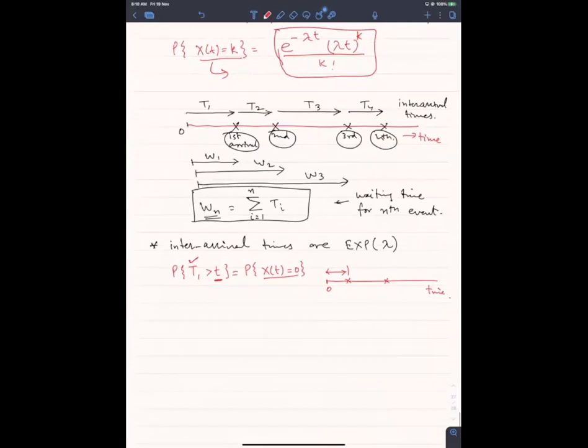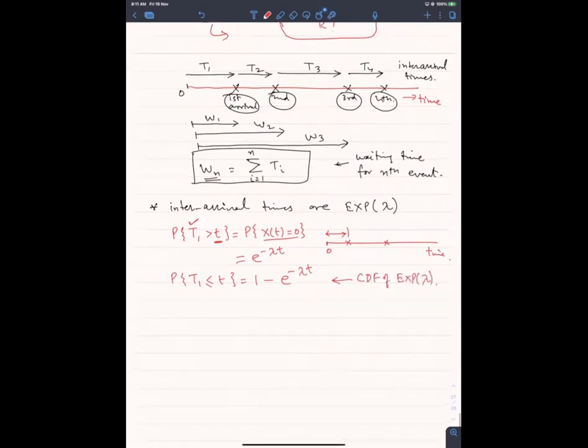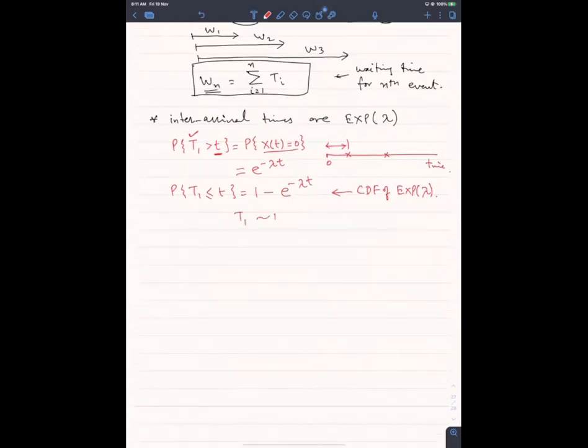So you will get e to the power minus lambda t. What that means is probability T1 is less than or equal to t would be equal to 1 minus e to the minus lambda t. Okay. But this is the CDF of exponential lambda. So we conclude that okay, T1 is actually exponential lambda.